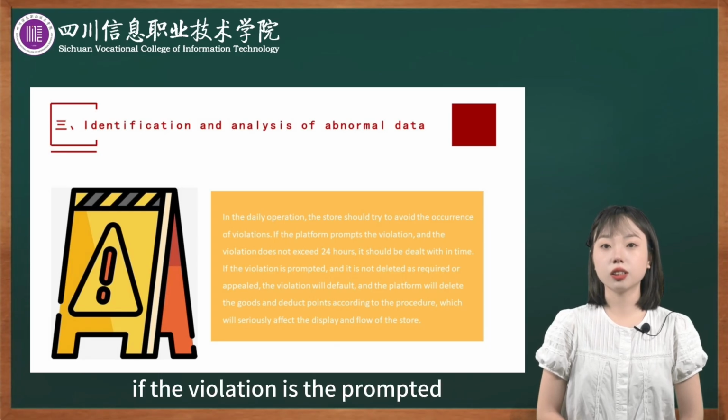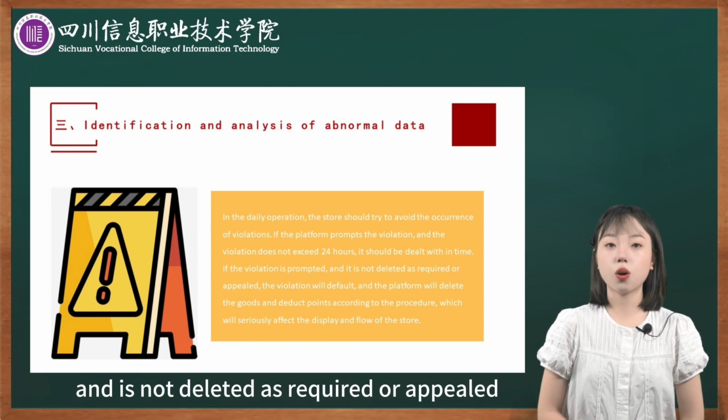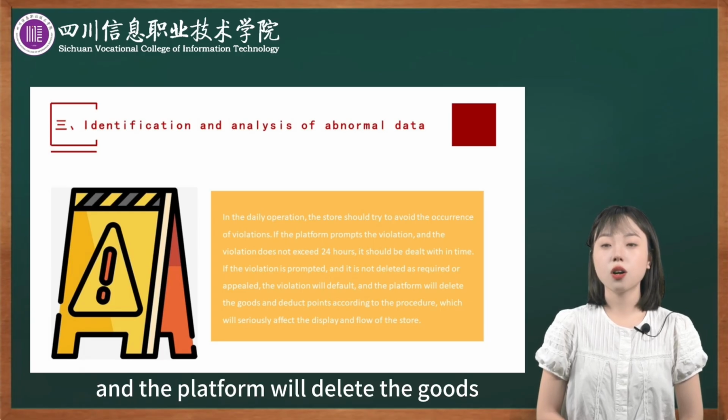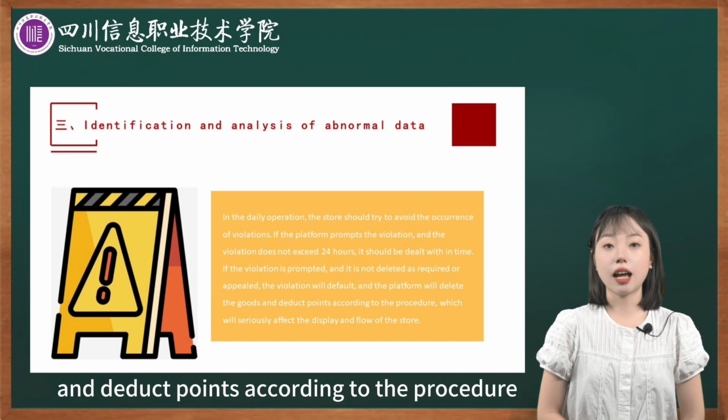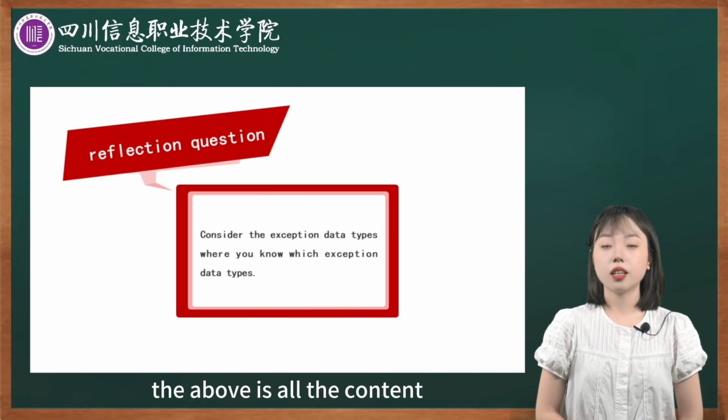If the violation is prompted and is not deleted as requested, the violation will default, and the platform will delete the goods and deduct points according to the procedure, which will seriously affect the display and the flow of the store. The above is all the content.